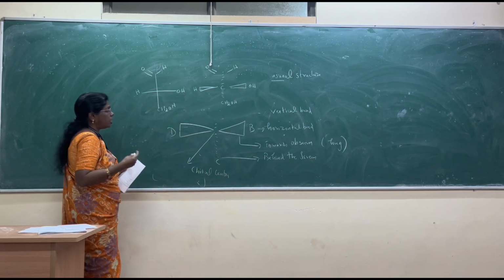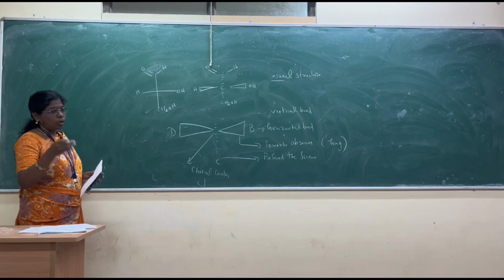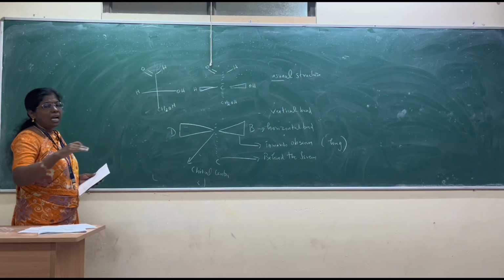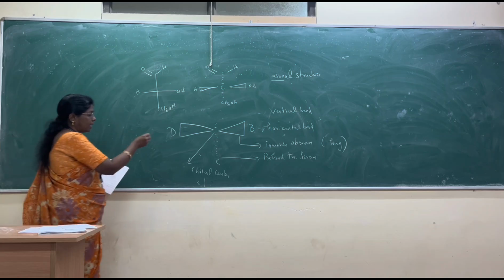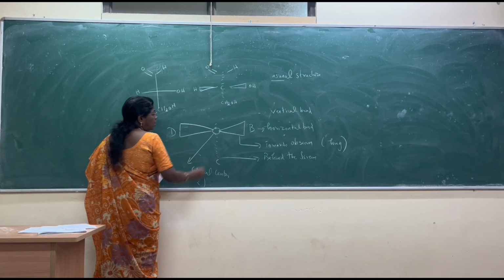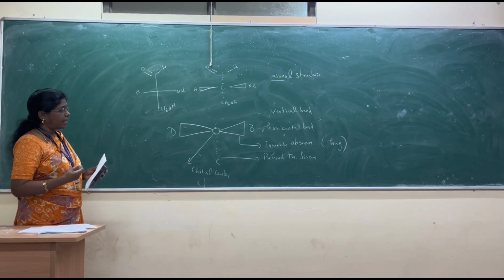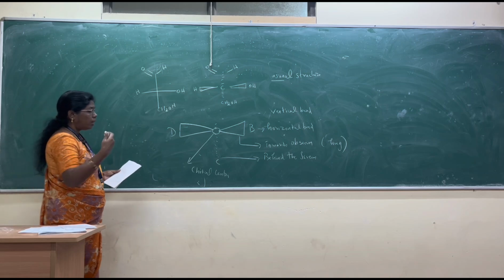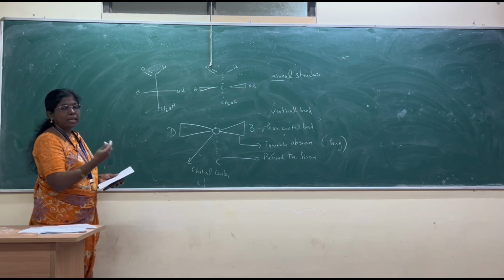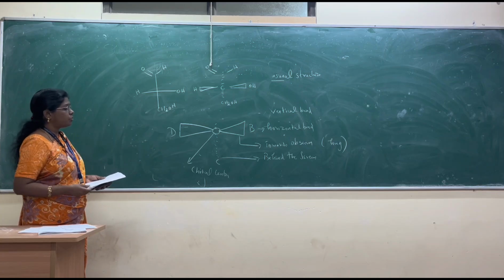The Fischer projection is a plus sign, with one vertical bond and one horizontal bond. The center is called the chiral center. The horizontal bonds come towards the observer, whereas the vertical bonds go away from us, behind the screen. That is called a Fischer projection.